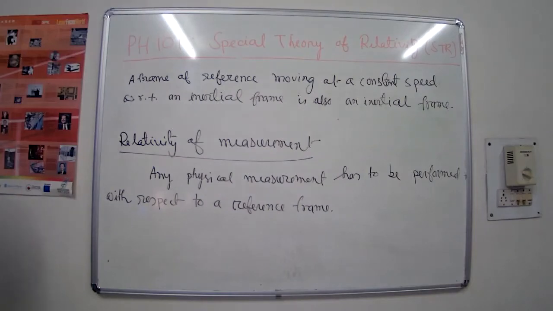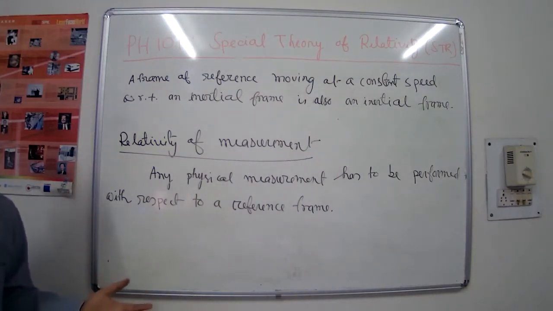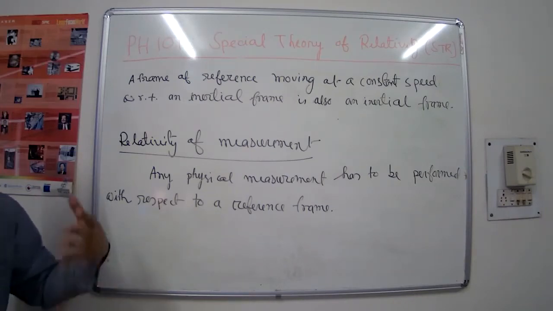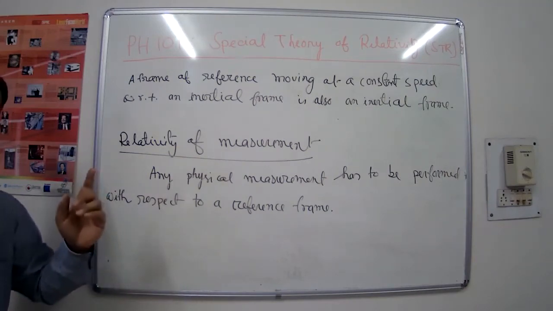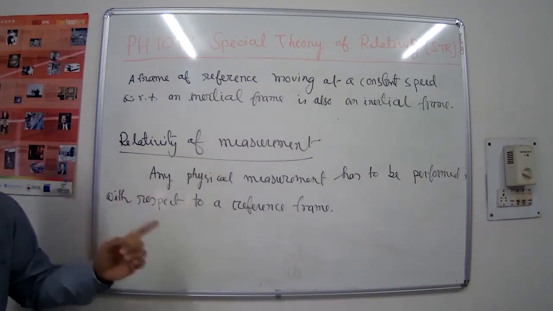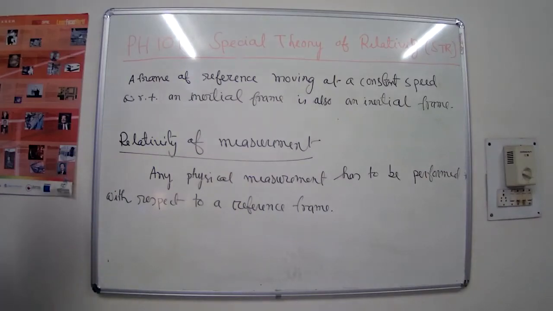The meaning is that when you are making a physical measurement of a quantity, the quantity can be the speed or the energy. So if you are making the measurement of a physical quantity, you have to be concerned about the frame of reference. Why do we have to be concerned about it? I can take one example.